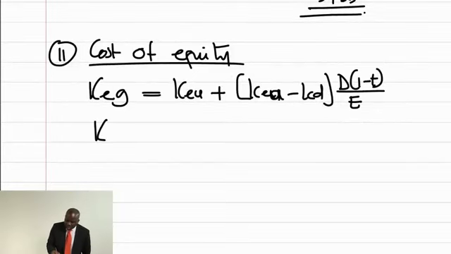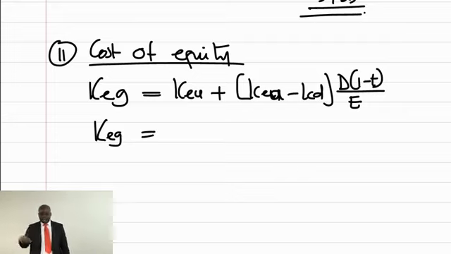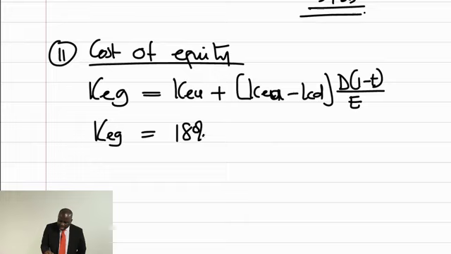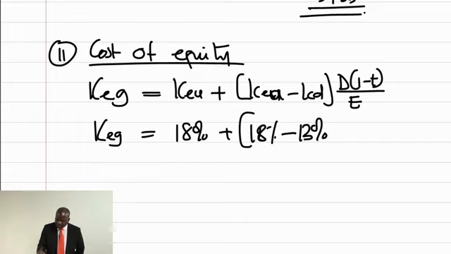So when Canalot goes to geared, its cost of equity should increase by the risk premium as a result of bringing in that debt. Okay, so we say the cost of equity here ungeared is 18%, minus the cost of debt of 13%.